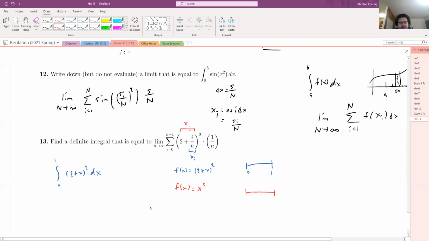But interpreting what the xi is, again, it's a plus i delta x. This is the i delta x. This is the a. So 2 ends up being a, which means that it starts at 2 and it travels length 1. So the integral you're calculating is the integral from 2 to 3 of x squared dx. So either of these two integrals, you can pick which one you prefer. Either of these two is a way to represent this limit of this sum.